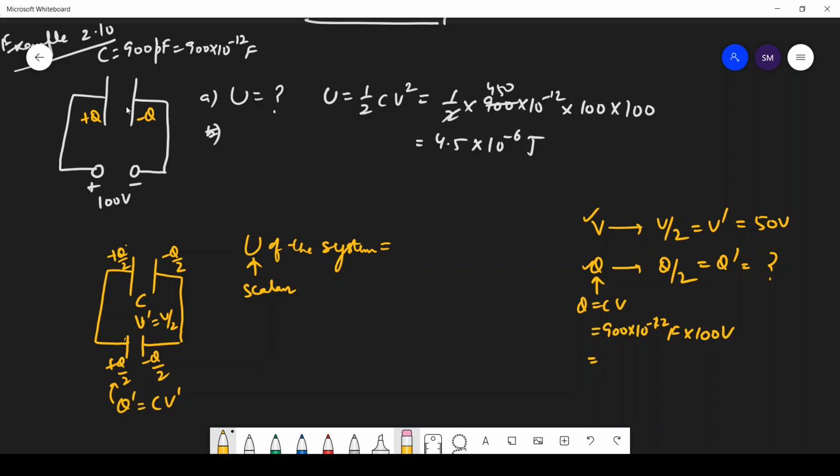So the charge on the plates of this capacitor was 9 into 10 raised to power minus 8 coulombs. This charge will be halved, so that will be 4.5 into 10 raised to power minus 8 coulombs.